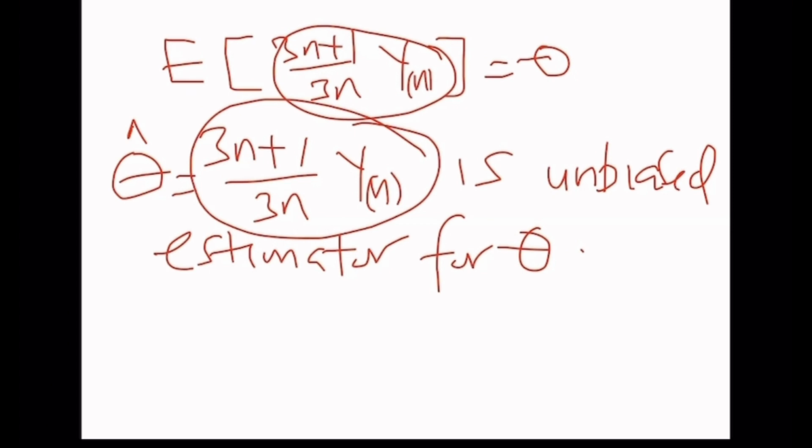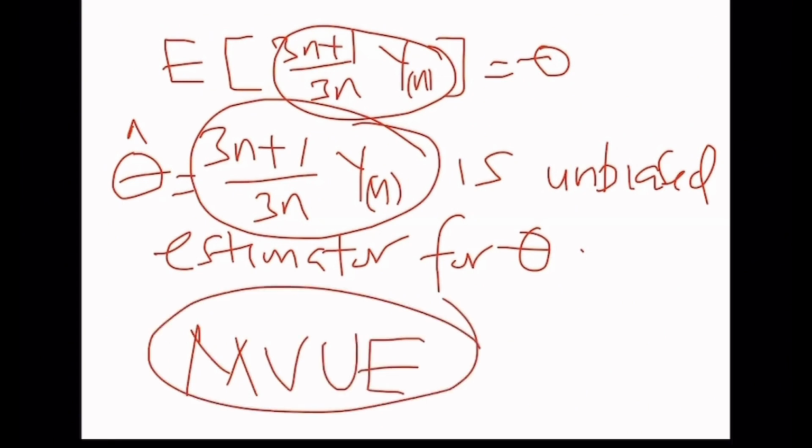Therefore we can say the estimator is also a minimum variance unbiased estimator, according to the Rao-Blackwell theorem, which is like the one I mentioned in class. Don't forget the sufficient statistic here is yn, and when we take the expectation of this, it gives us theta, which means it's unbiased, as indicated by the Rao-Blackwell theorem.